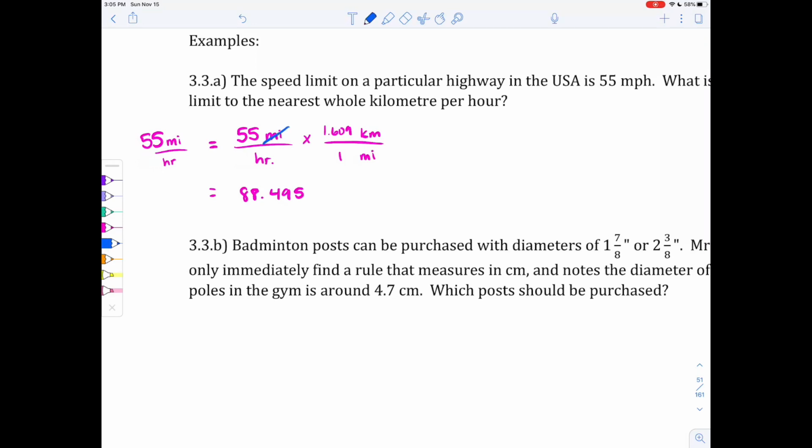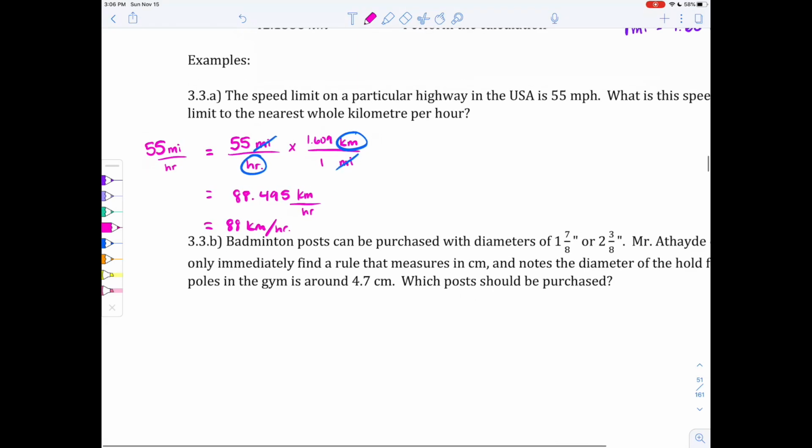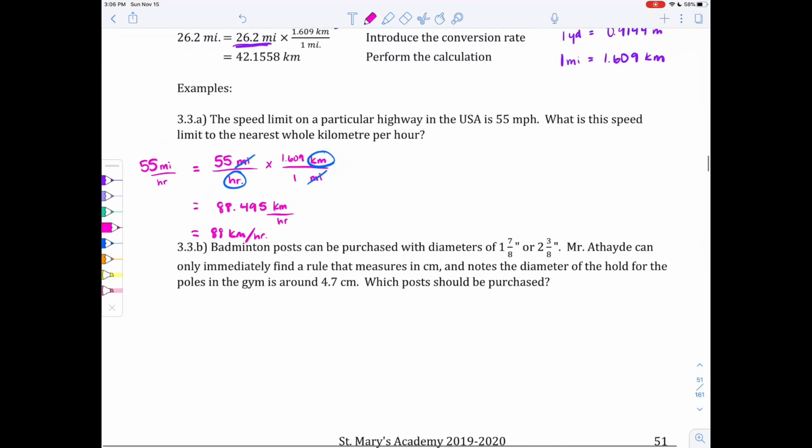And notice that my units for miles have canceled out, but I'm left with kilometers on top and hours on the bottom. So I'm left with kilometers per hour, which is exactly what I wanted. Now notice that it's asking us for the nearest whole kilometer, so I would be stating this as 88 kilometers per hour.